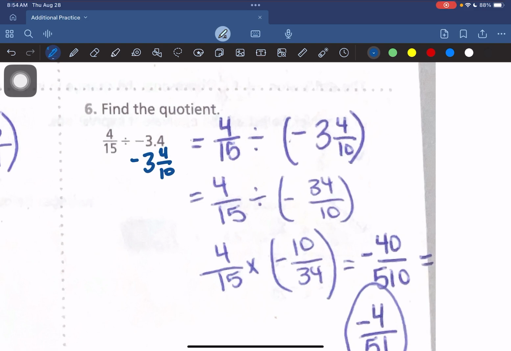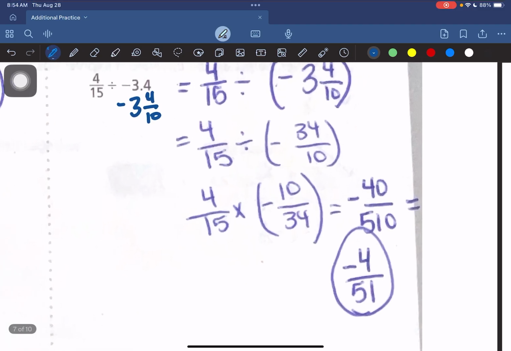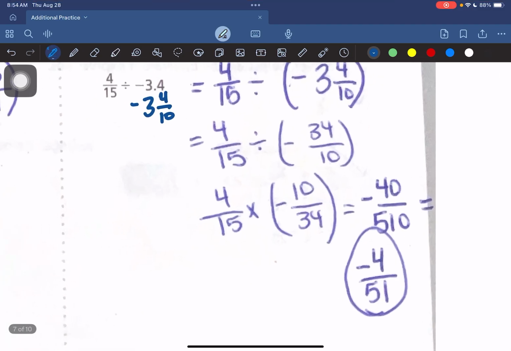So you can see we've decided to use the fraction within the problem. 4/15 divided by negative 3 4/10 would equal 4/15 divided by negative 34/10 after changing it to an improper fraction. Then we're going to flip that second fraction and multiply straight across. Negative 40/510. Of course, both of these numbers end in 0, so we can divide them by 10, and that brings us to our final answer of negative 4/51.